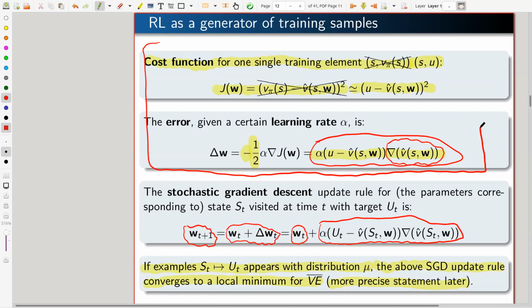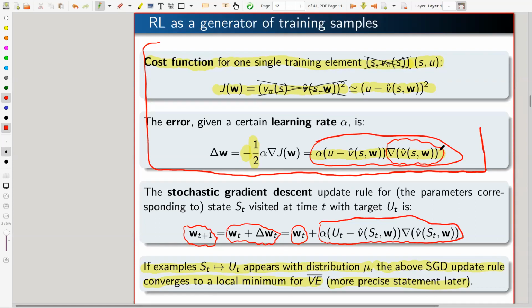The target in the temporal difference case depends on the parameter. And in this case, the second box is wrong. Why? Oh, the derivative. The derivative with respect to W is also inside U as well.